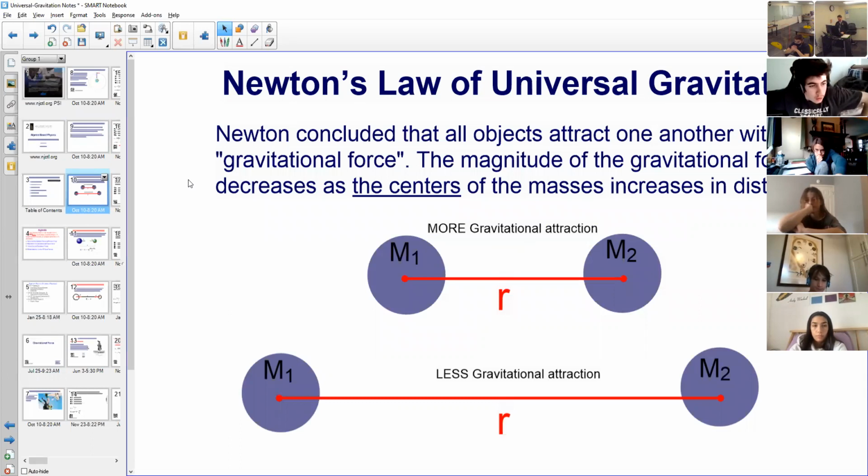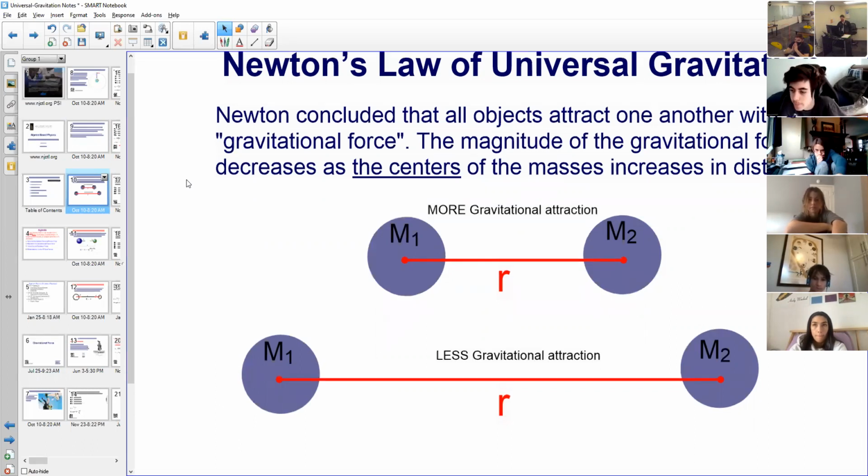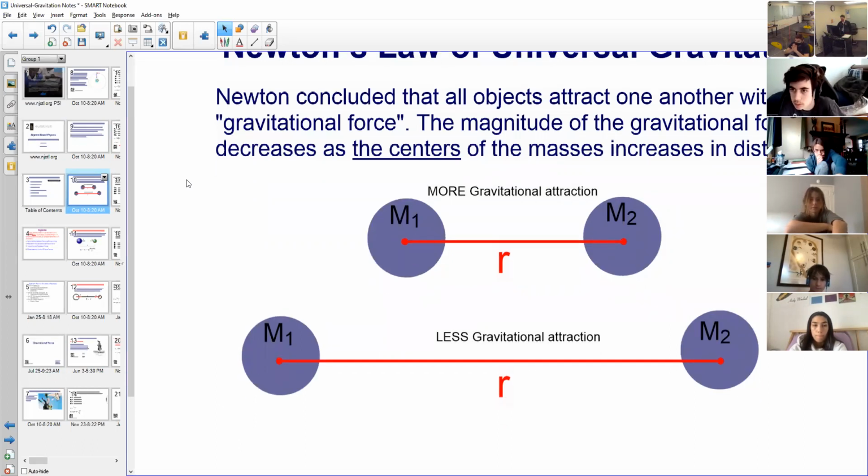All right, now Newton concluded, as he did lots of research, he and others, that objects attract one another with this gravitational force, as it came to be called. The magnitude of that force decreases as the centers of the objects get farther apart.